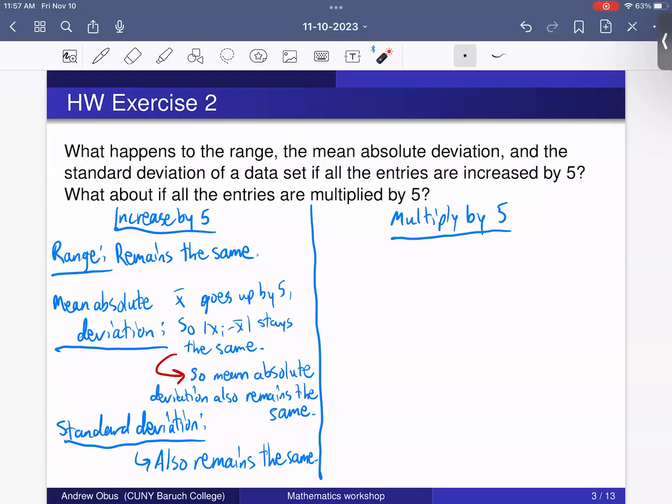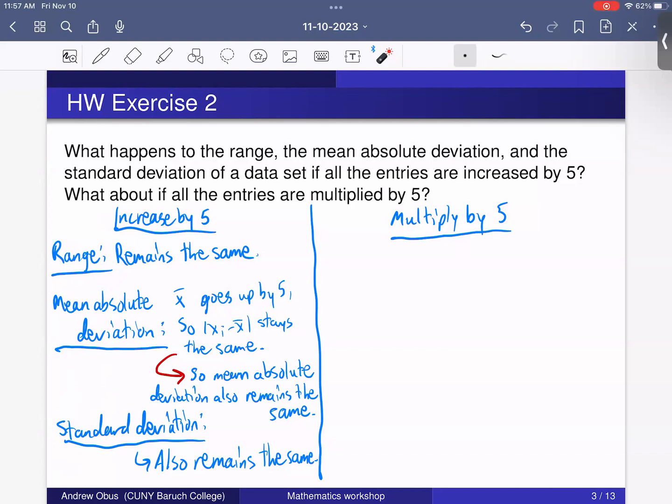Okay, so what we see is if we increase the entries by 5, then all of these measures of dispersion stay exactly the same, right? And that makes sense, right? Because they're measures of dispersion. If I have a whole data set and then I just shift it over by 5, it doesn't do anything to how they're dispersed, right? It just has shifted them all over. They're not any more or less spread out than they were before, right?